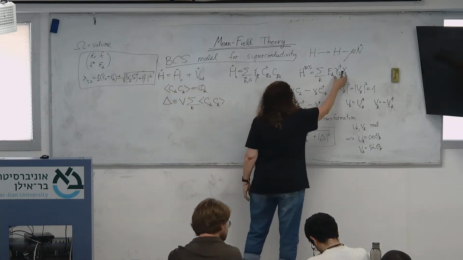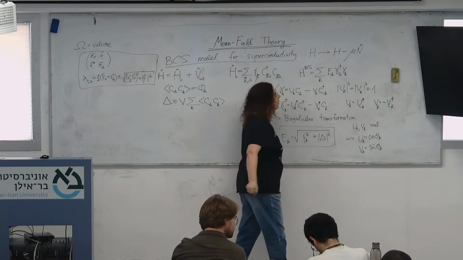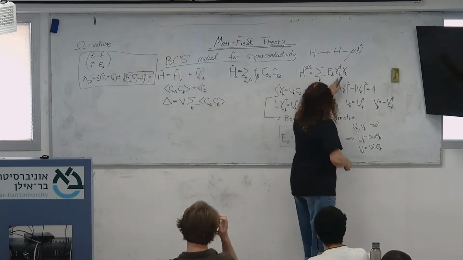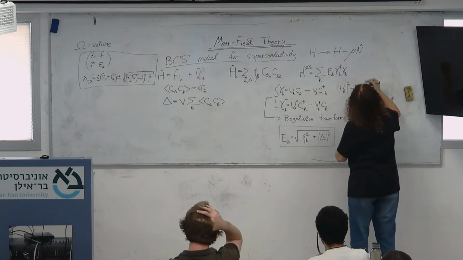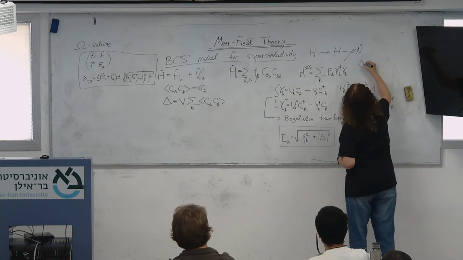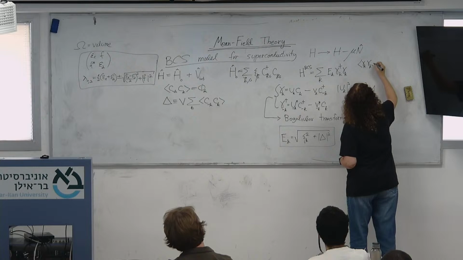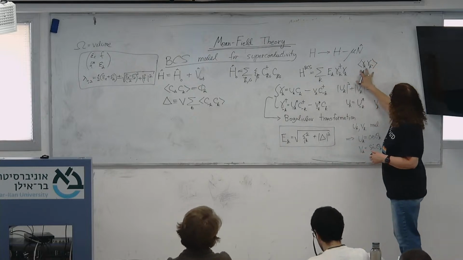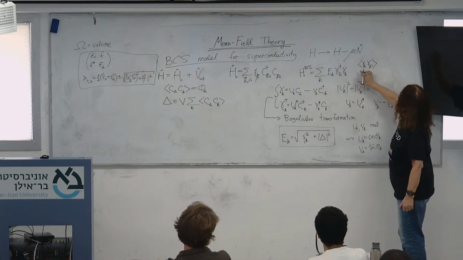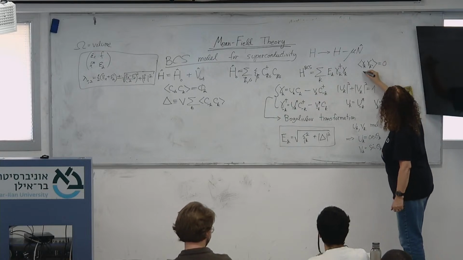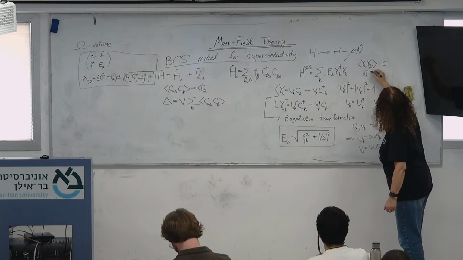And therefore this is a number operator, and if I look at expectation values of the gammas, this is now in the new ground state, this is going to be 0, okay, and the same for gamma dagger gamma.